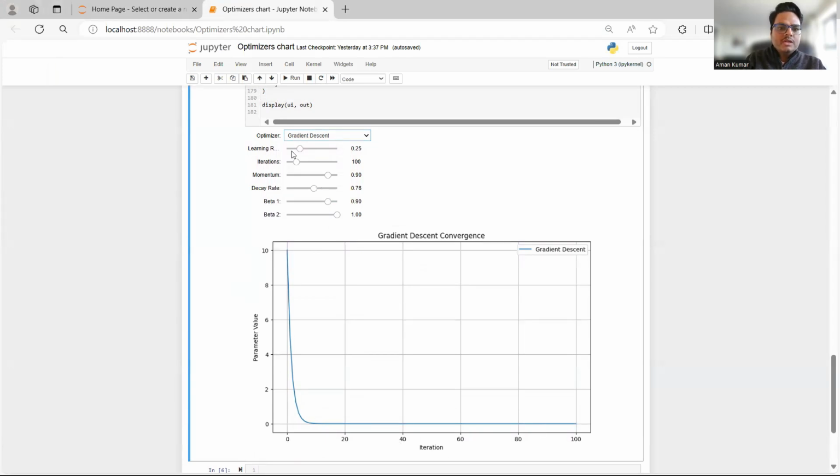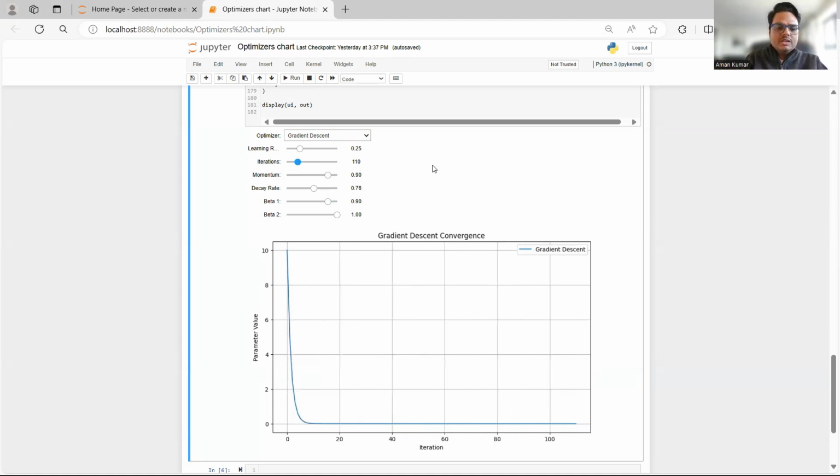Let me increase the number of iterations to make it simple. If I make it 400 or 500 iterations, you will see that the value at which it is converging is close to 0. And even if I make it 100 iterations, you will see that the value it is converging to is close to 0.